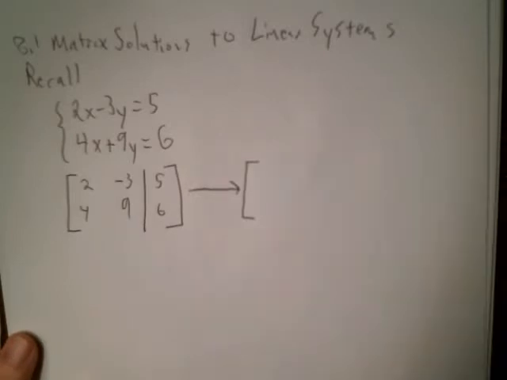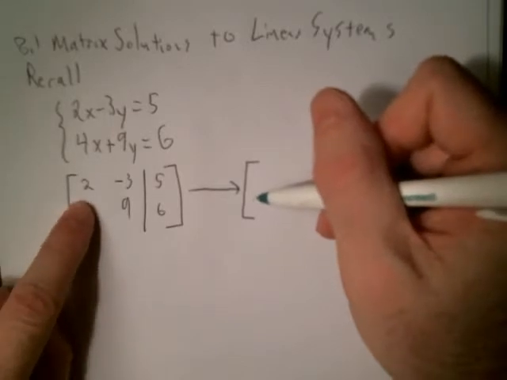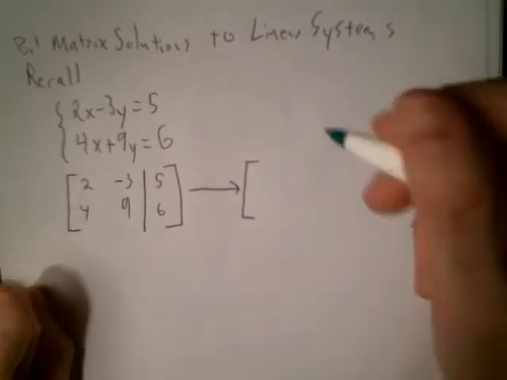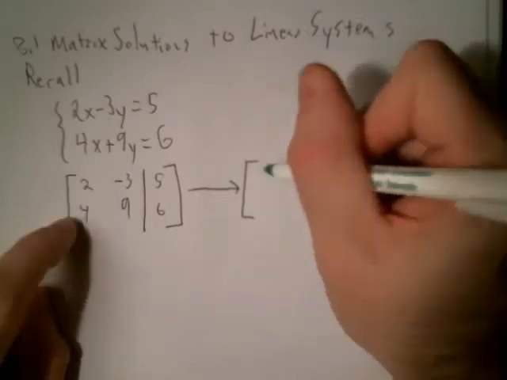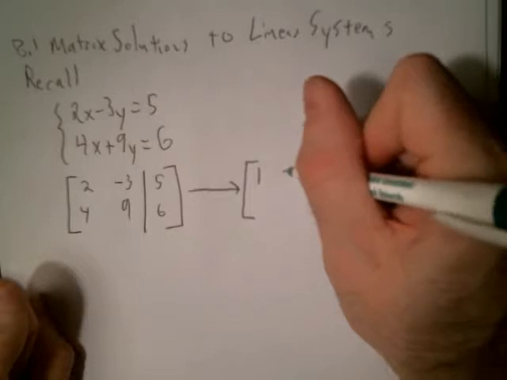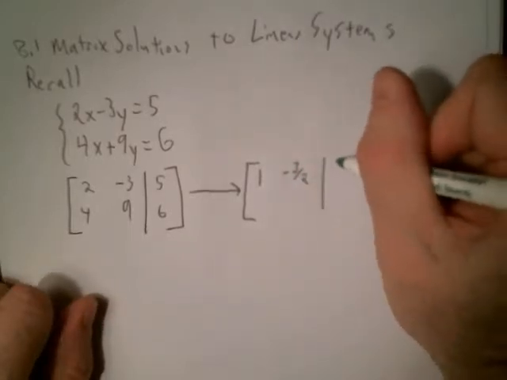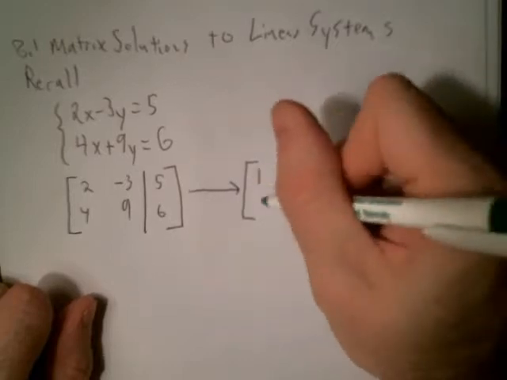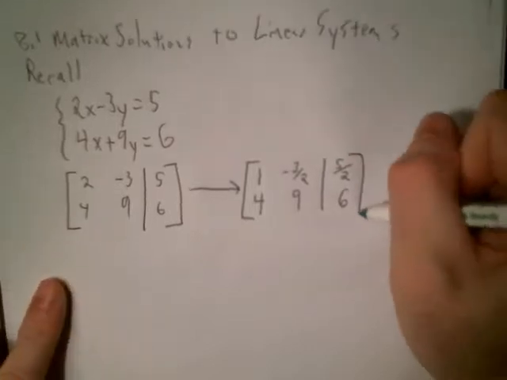So the first thing you want to do is get a 1 in this position here. This pivot position basically is what they call it. So divide through by 2, I get 1, negative 3 halves, and on this side we have a 5 halves. Okay. Down here we have 4 still, then 9, then 6.